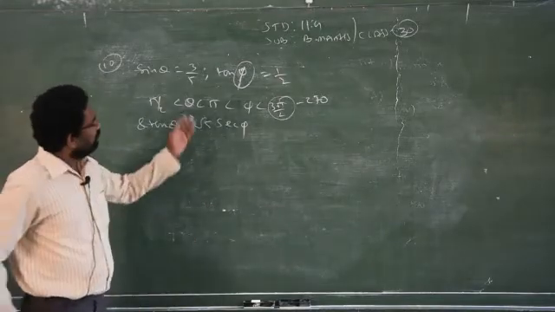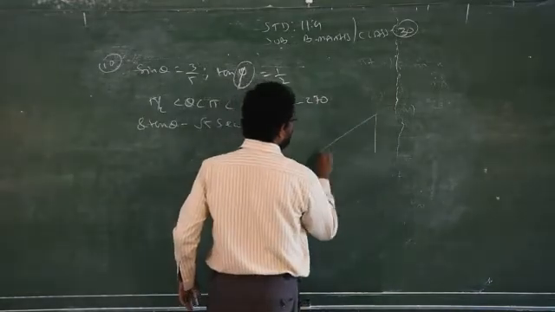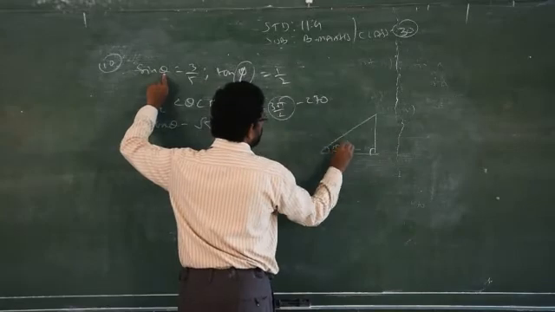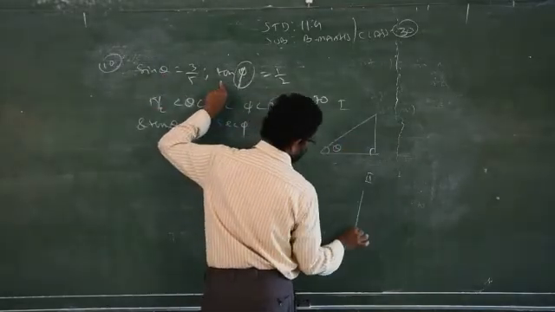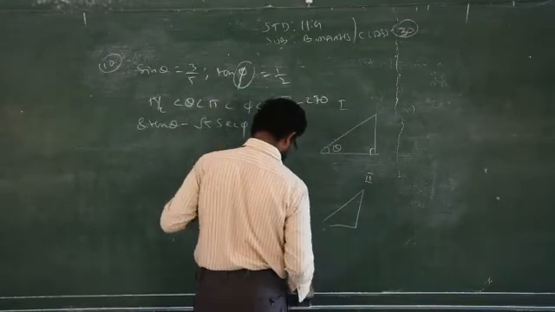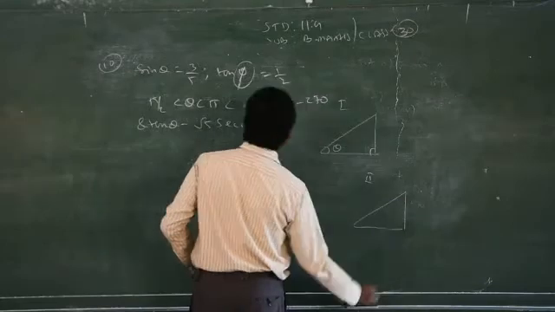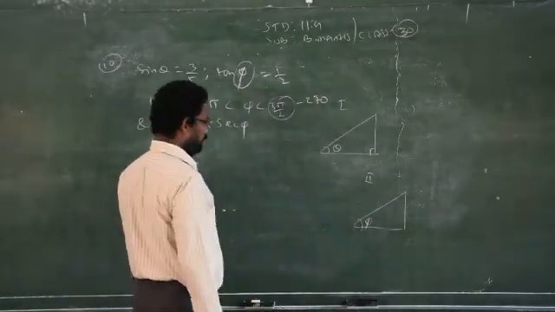Clear? So now this is just like ninth standard. Refer to the ninth standard: for theta I consider this the first diagram, and the second diagram for phi, not pi, phi.